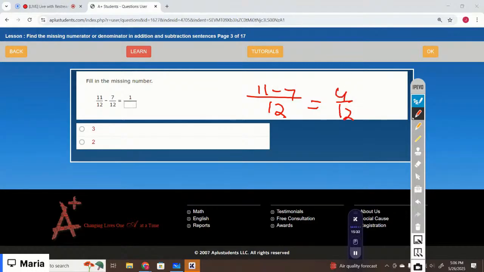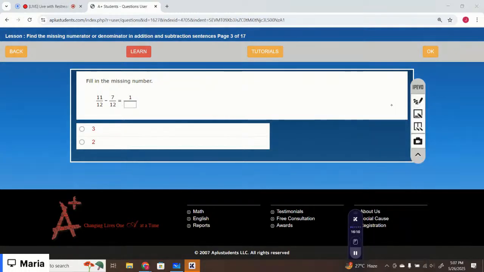Divide them by the common number, that is 4. So 4 divided by 4 is 1, and 12 divided by 4 is 3. So the missing number is 3. Option number 1 is the correct option.